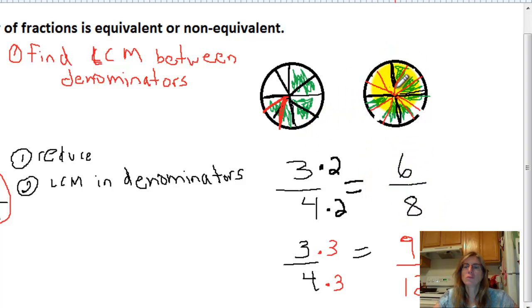If you cut each of those quarter slices into thirds, then you have 9/12. So 6/8 is the same amount of pizza as 3/4, and 9/12 is the same amount of pizza as 3/4, but these are smaller pieces than these, and these are smaller pieces than these.